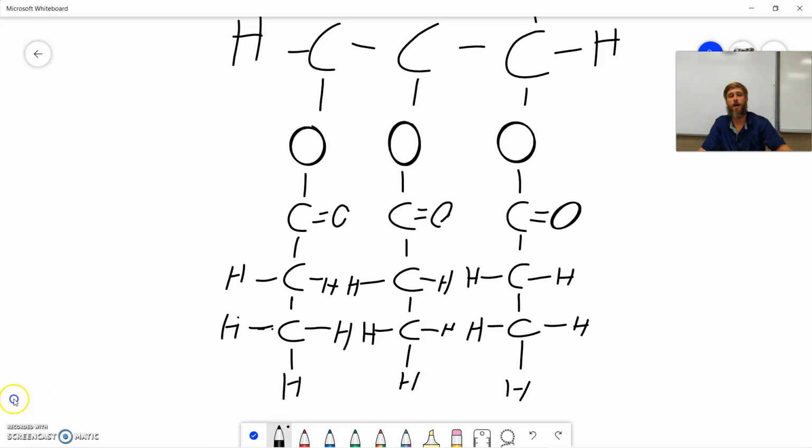Now, the question is, how long can these chains be? These chains can be long, and it varies on what specifically the lipid is going to be for. If you have about 22 carbons in each chain, then you have what is called a long chain fatty acid, and then you can have short chain fatty acids. But this is as far as we'll go, just to get the general idea of what a lipid is.